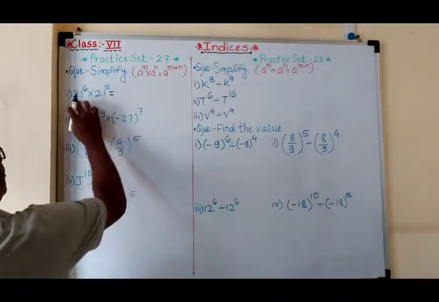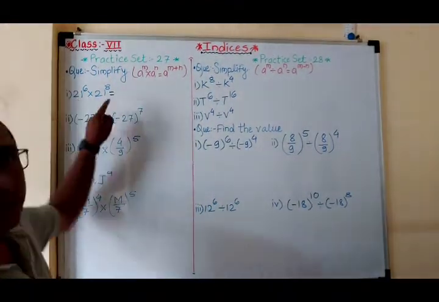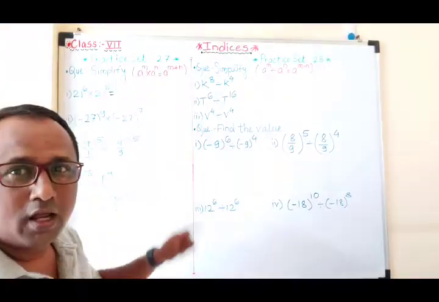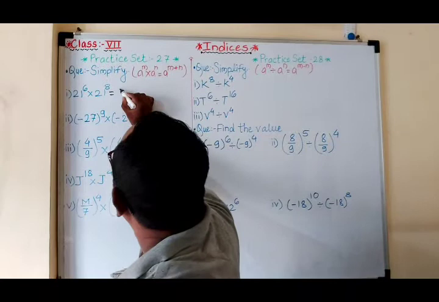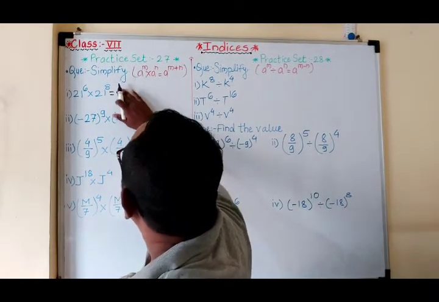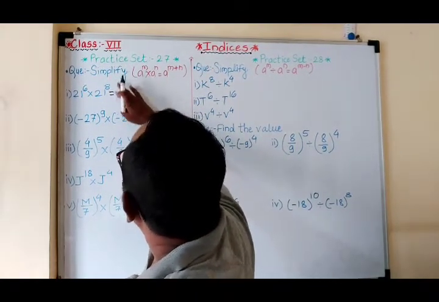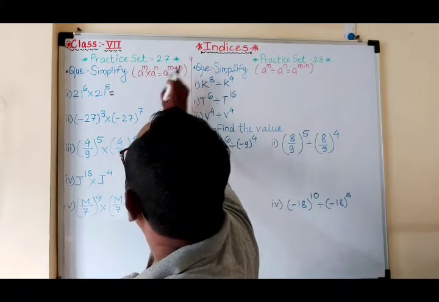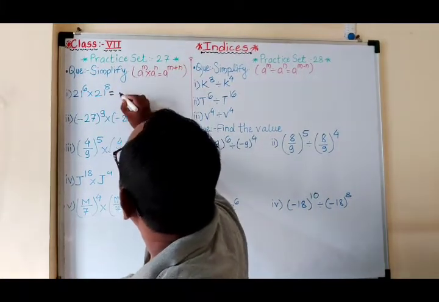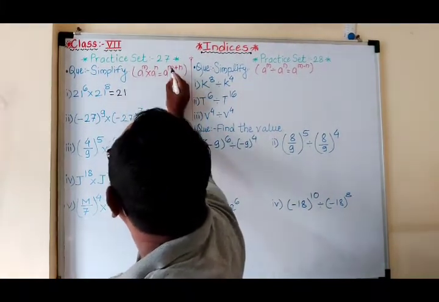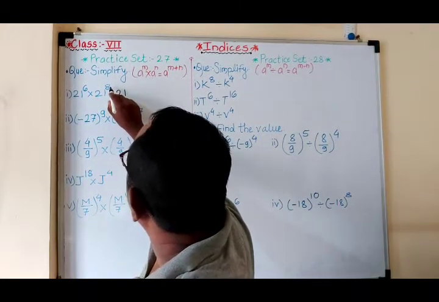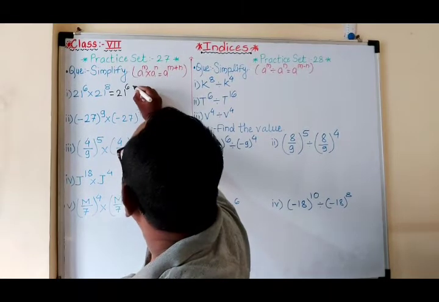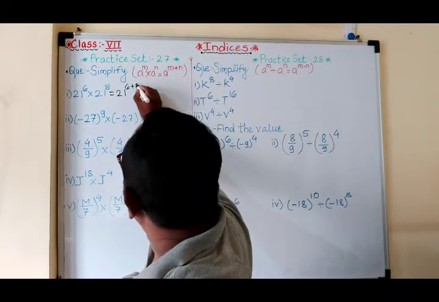Now here the base appears 2 times, so we will write the base 1 time according to this formula. The formula is a to the m plus n. So here a means 21, so 21 to the m plus n. m means this and n means 8, so 6 plus 8.